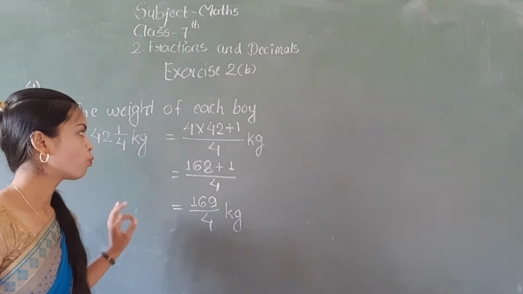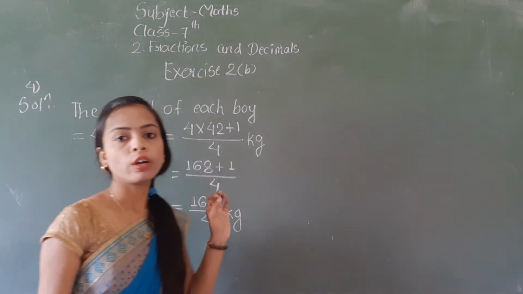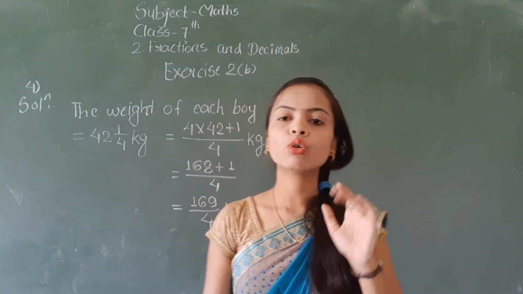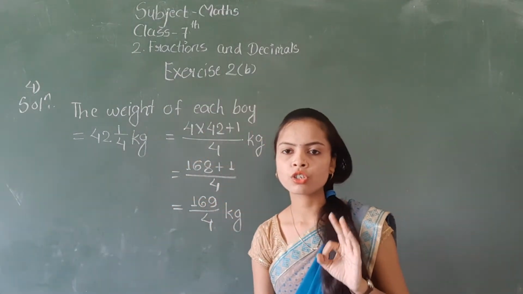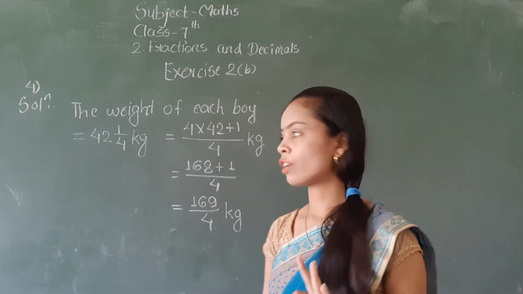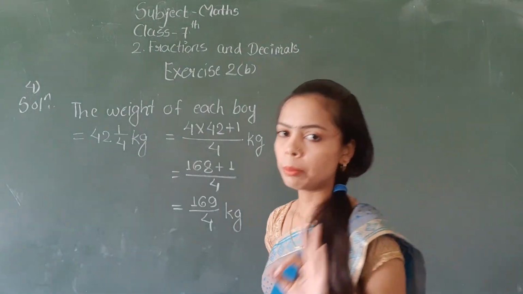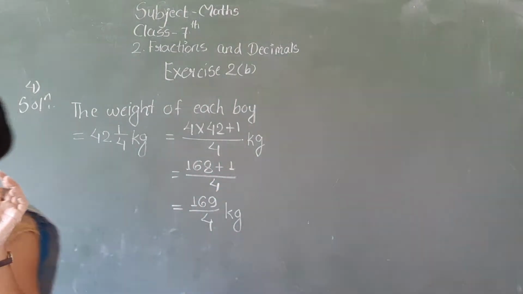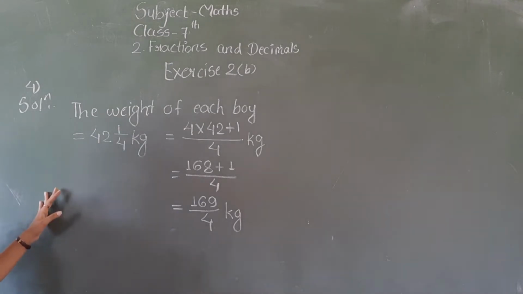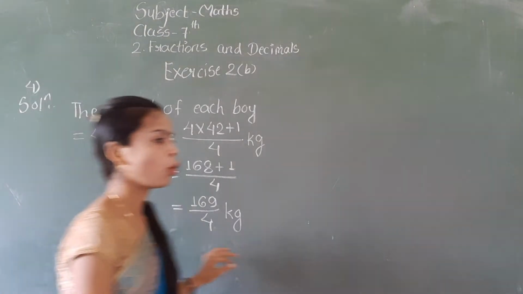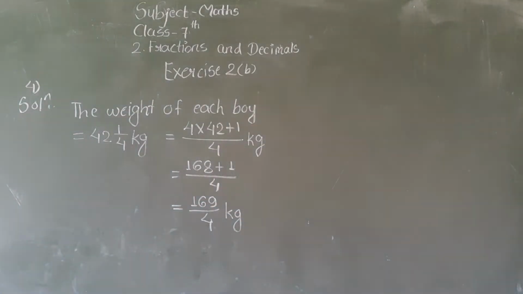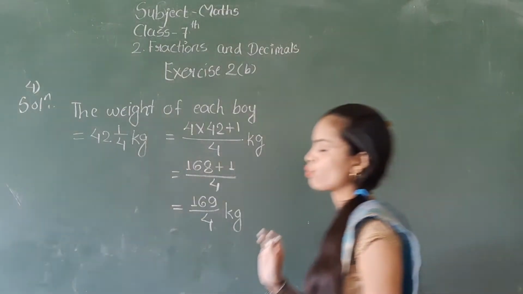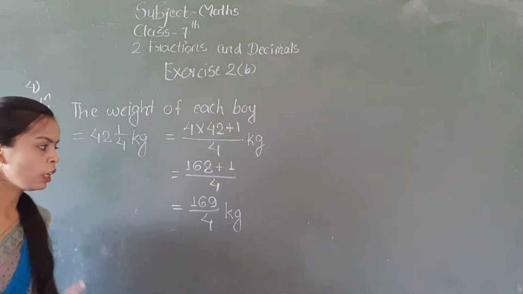So here, if in any question there is a given mixed fraction, first convert that mixed fraction into an improper fraction. So the weight of each boy is 169 upon 4 kg. Okay, now we have to find out the weight of 40 boys.